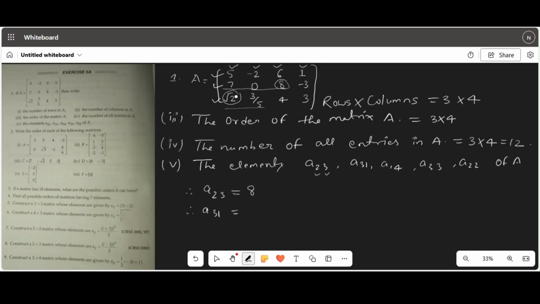So A31, the element in third row and first column, is root 2. Now we will see A14.